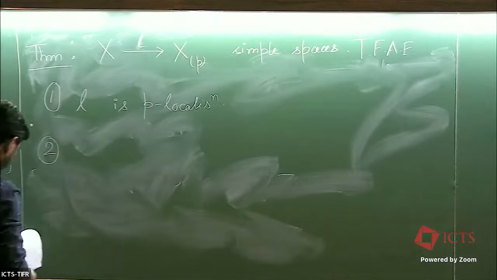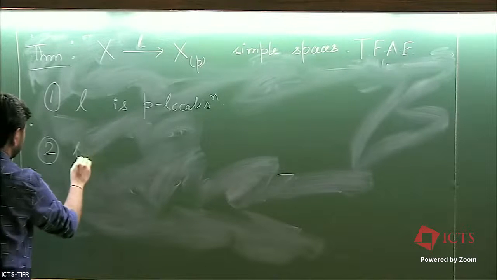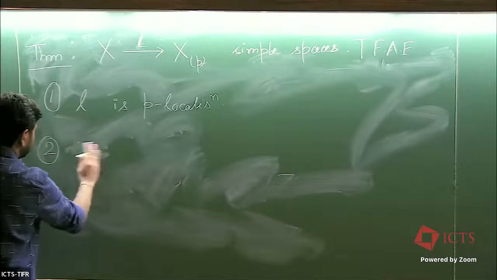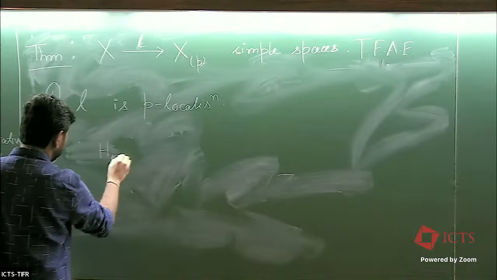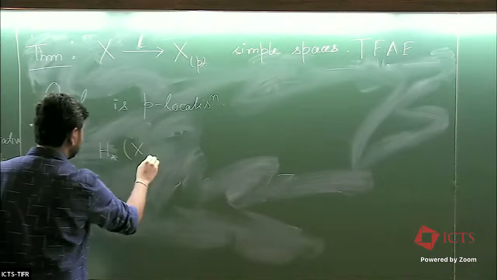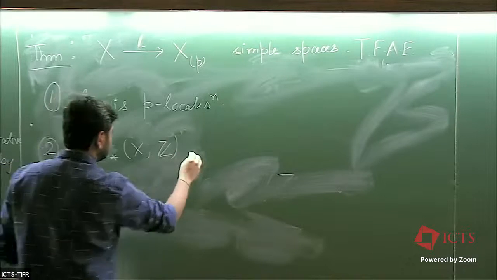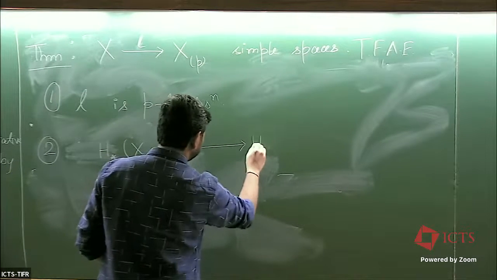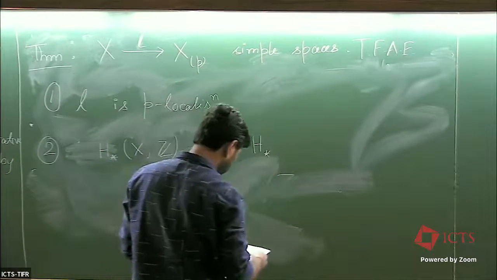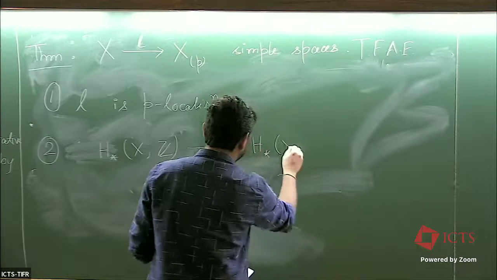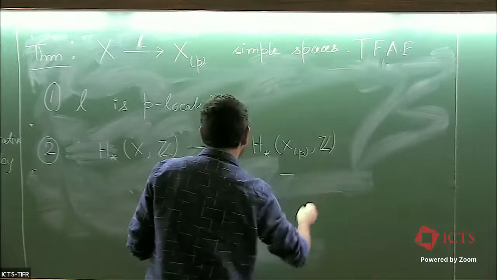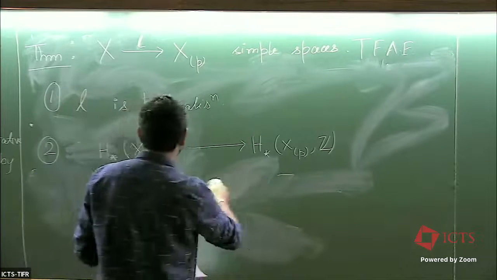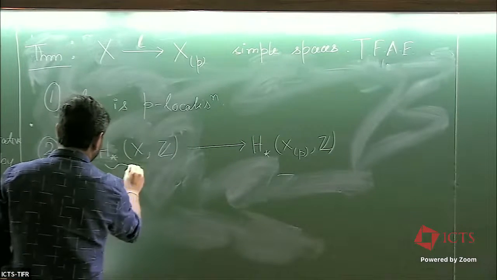That is the same as saying two, L induces a map on the homology level, and this is nothing but the localization of this abelian group.